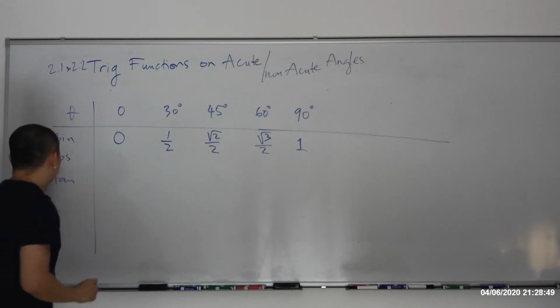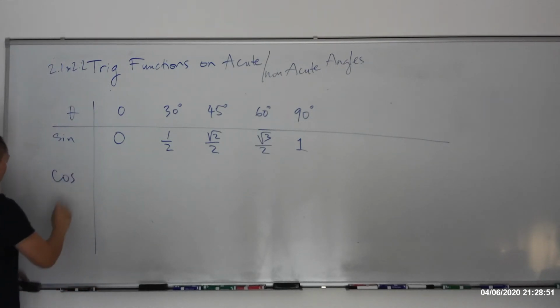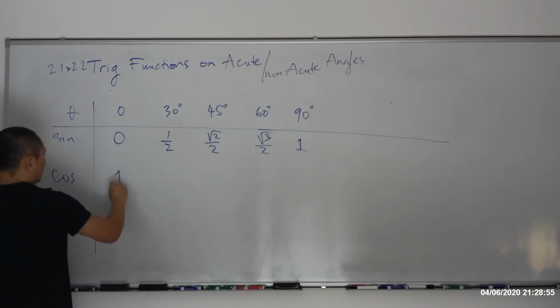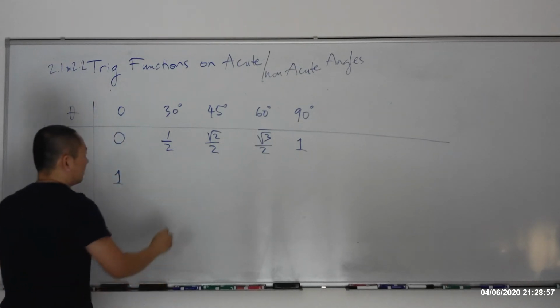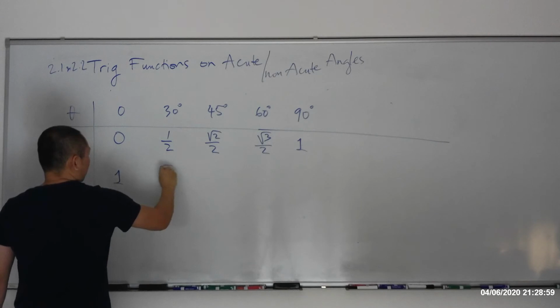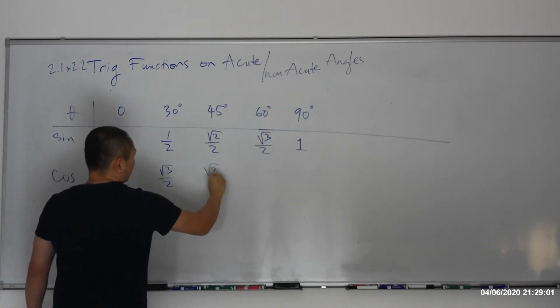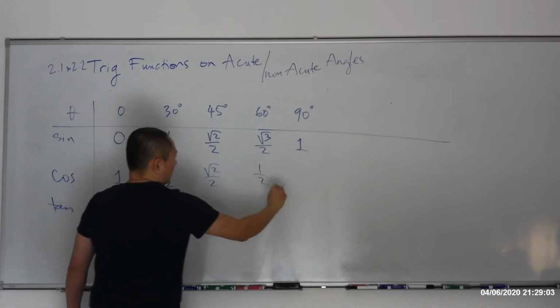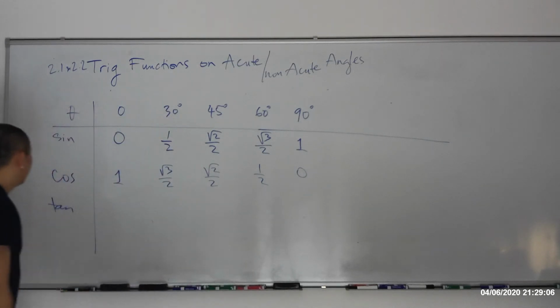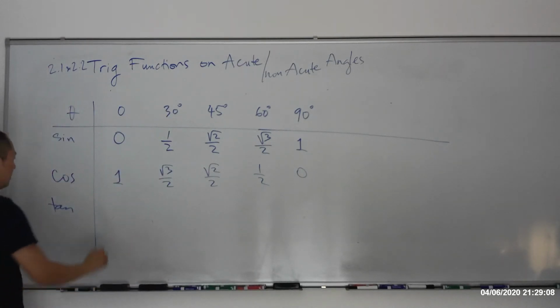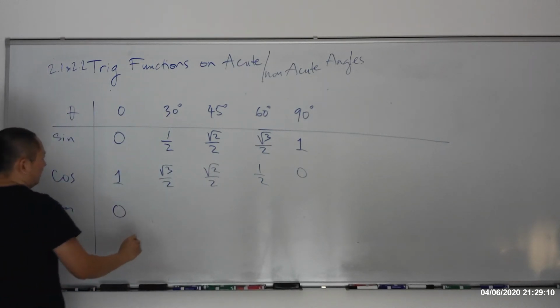And cosine, right down here, more room to write. Cosine of 0 is 1. Just write it backward. Root 3 over 2, root 2 over 2, 1/2, and 0. And tangent is sine over cosine. So this is 0.